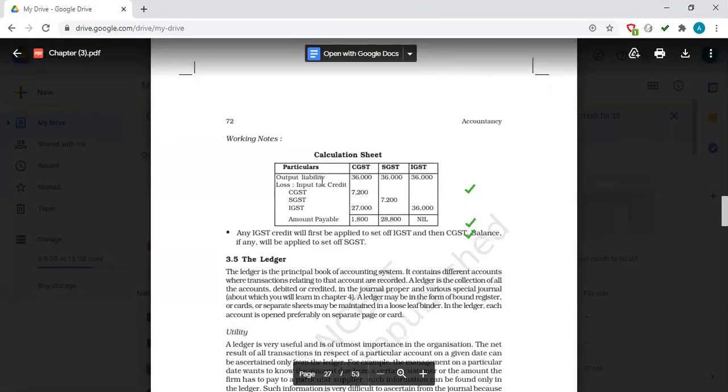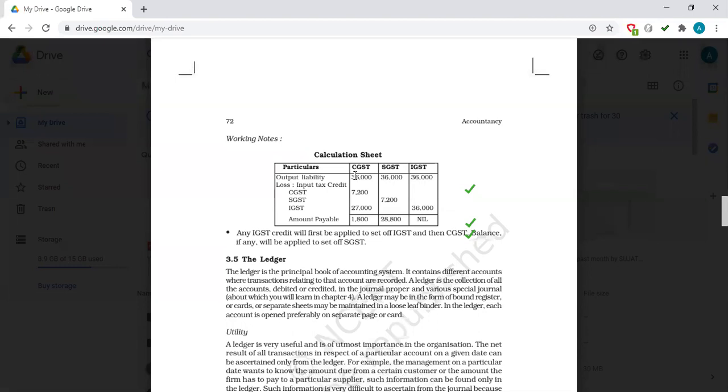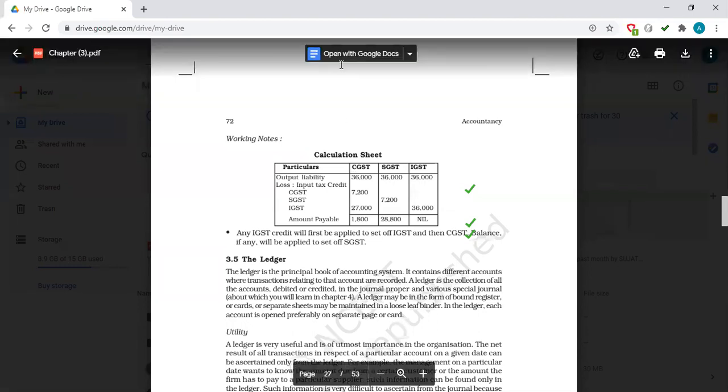Okay, students. So here you can see output liability is 36,000, 36,000. This is known to you. Now you can see 2,700 plus 4,500 is your CGST and SGST input, that is 7,200, to be subtracted. So 7,200 came.